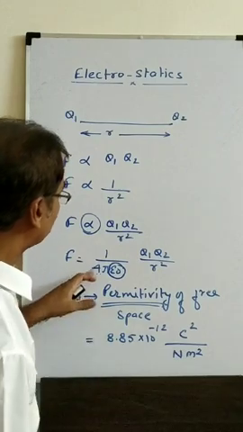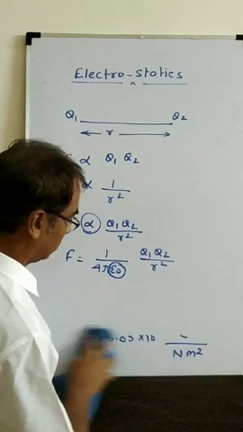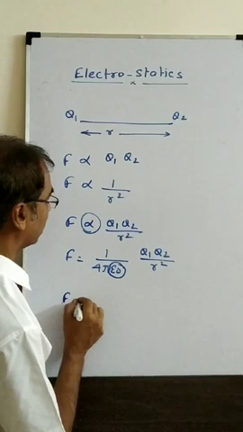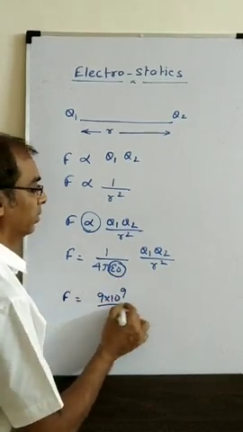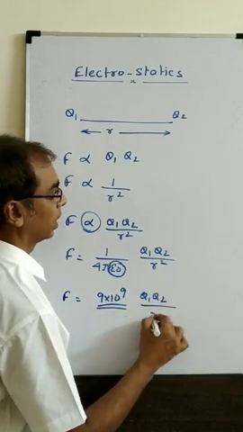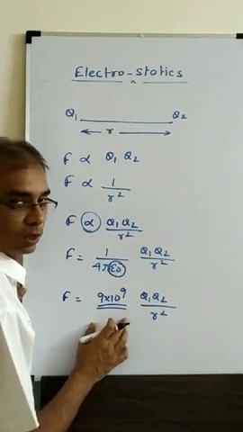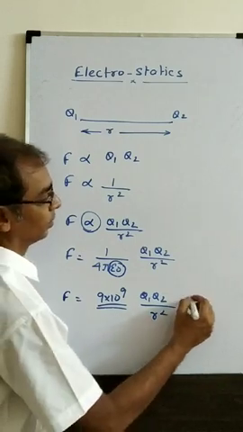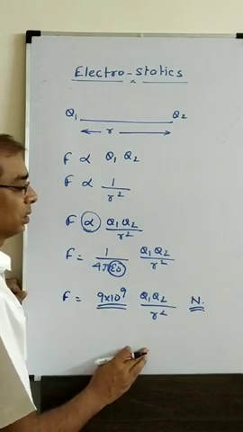And if we keep its value in free space, 1 by 4 pi epsilon naught can also be written as 9 into 10 to the power 9. But again, it's in free space, when epsilon naught is 8.85 into 10 to the power minus 12. Is that okay? And the unit of the force is Newton. Okay, so that's all for now.